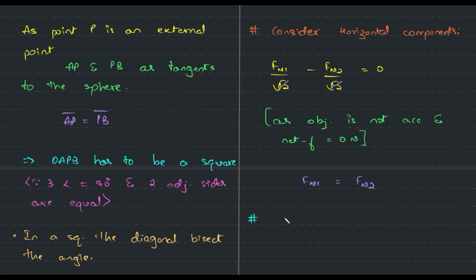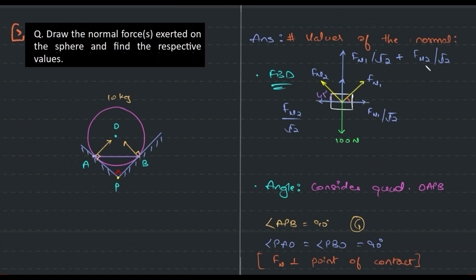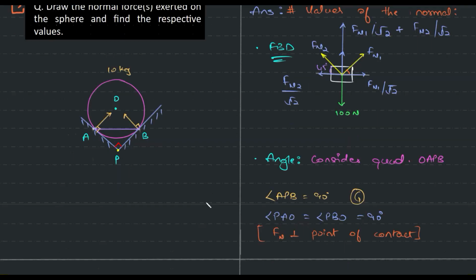So that's that. With that information, now considering vertical components. So what do we have? We have minus 100 plus 2 times FN1 by root 2 equal to 0. Again, I'm just adding these two. So I get 2 times FN1 by root 2, and that has to be equal to 100 Newton.